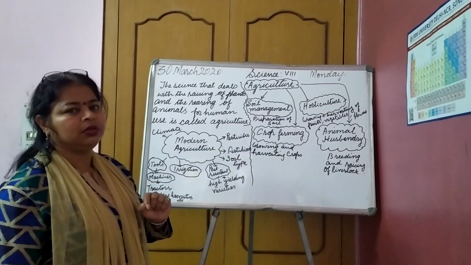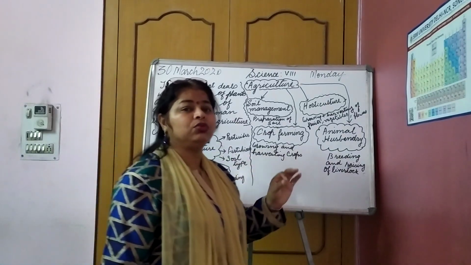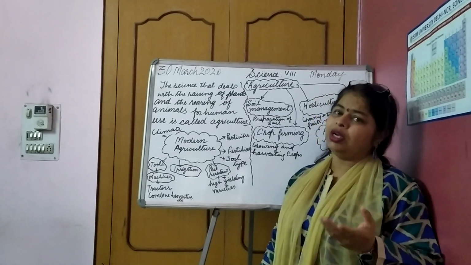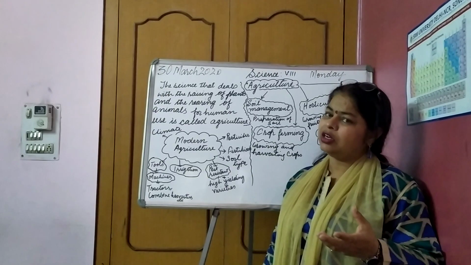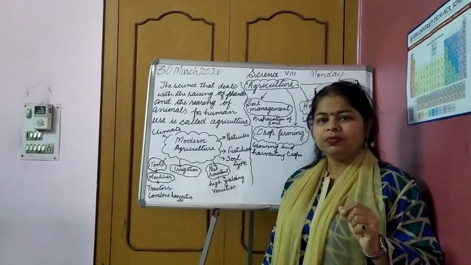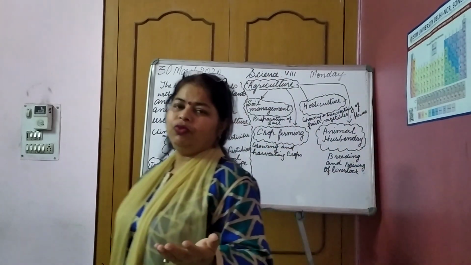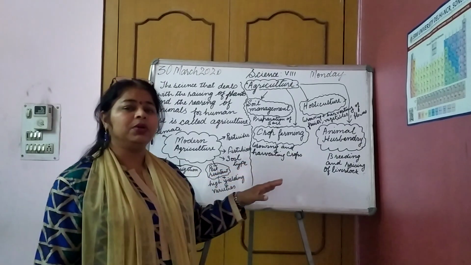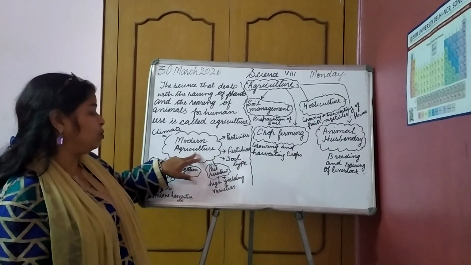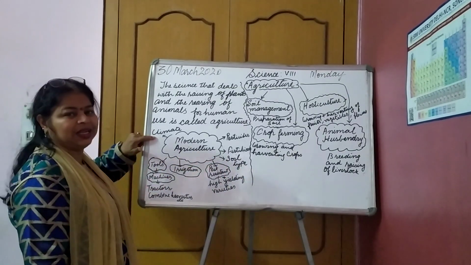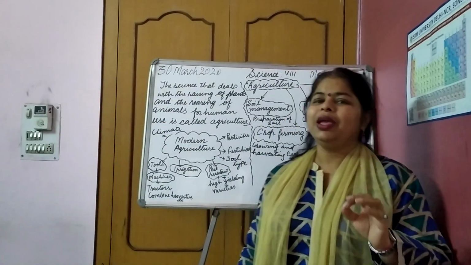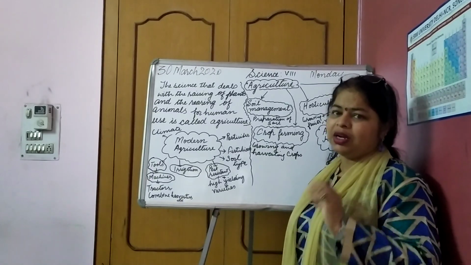Then comes soil type. The crops are grown according to the type of soil. Like if we have a soil which is suitable to grow only wheat and other crops cannot grow, we have the option that we will grow only wheat, or some other crop which is appropriate. So soil type is also a part of modern agriculture. Besides that, climatic conditions, weather and climate: what kind of climate is suitable in a particular topographic condition.